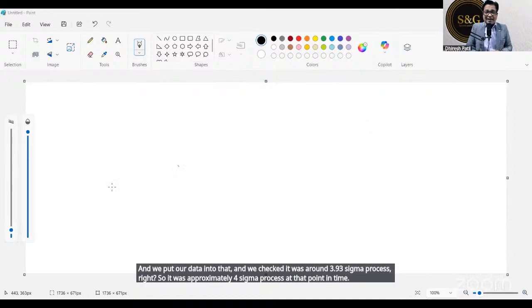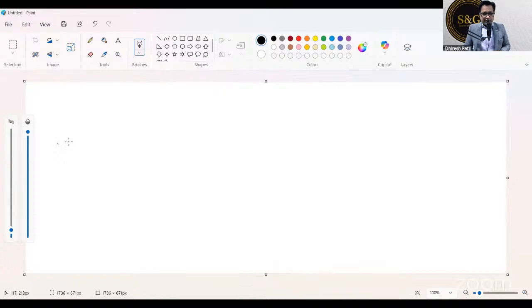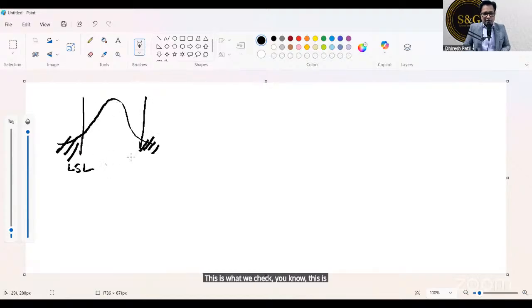Now that process, when you have continuous data, so this is the data and you put your lower specification limit and your upper specification limit.